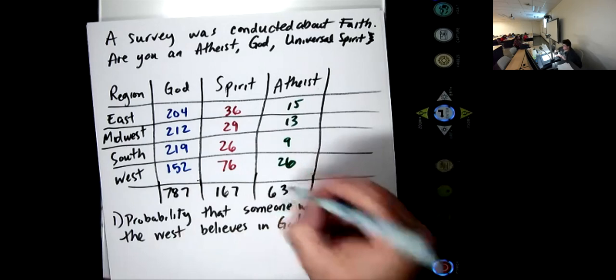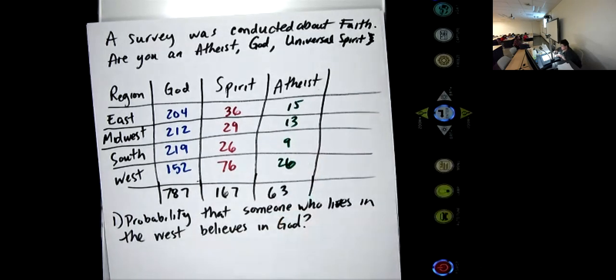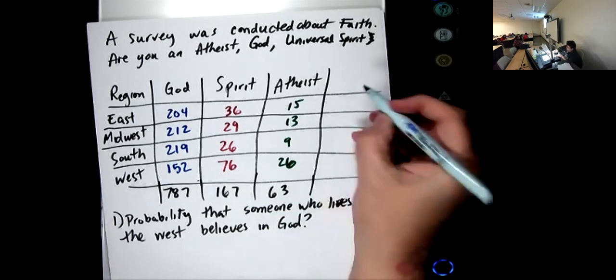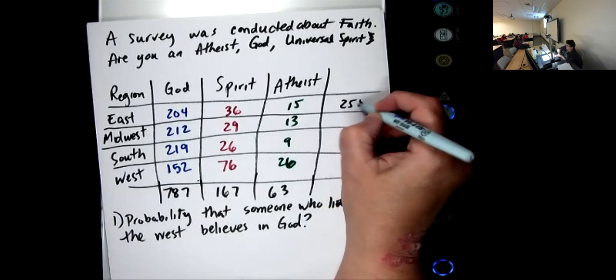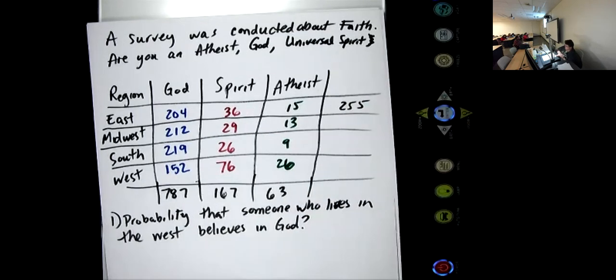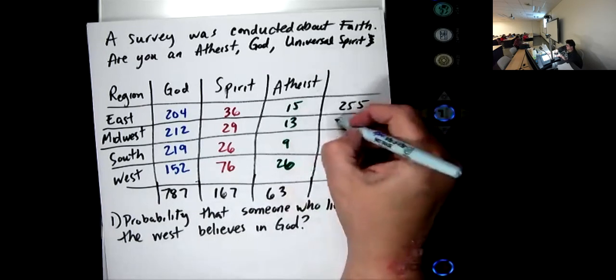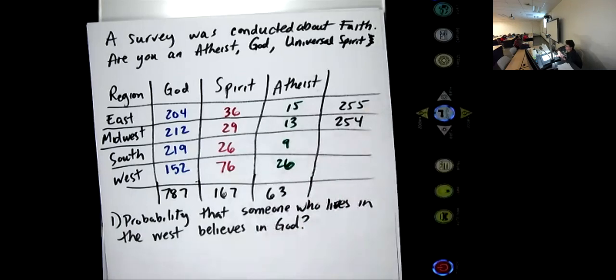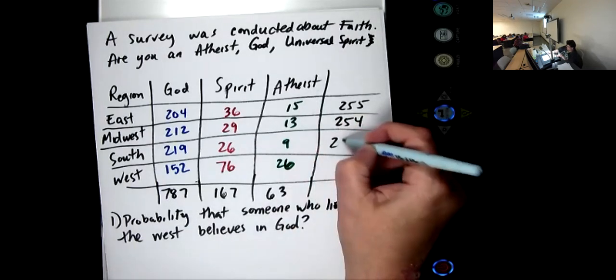So I'm gonna have to do this. 204 plus 36 is 240, plus 15 is 255. 212 plus 13 is 225, plus 29 would be like plus 30 minus 1. 255 minus 1 is 254. 219 plus 26 is 245, plus 9 is 254.